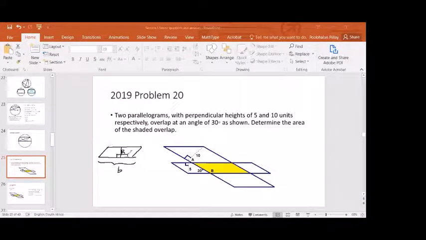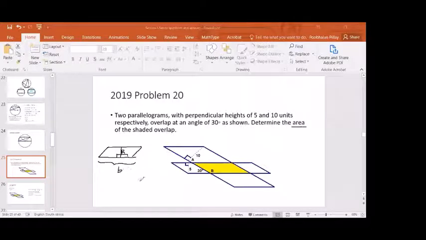So if I were to work out the area of this triangle here, it'll be half base times height. You've got two important formulae, the area of a parallelogram and the area of a triangle. Now we've got two heights given here. It's not very easy to see, but if you look at this yellow parallelogram, the question is to find its area.